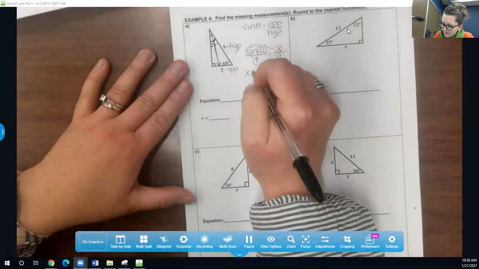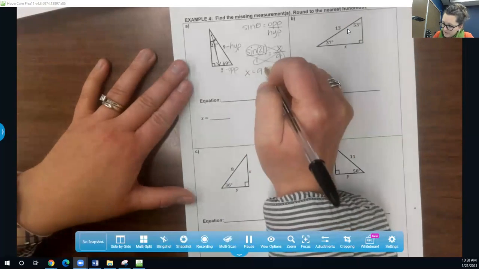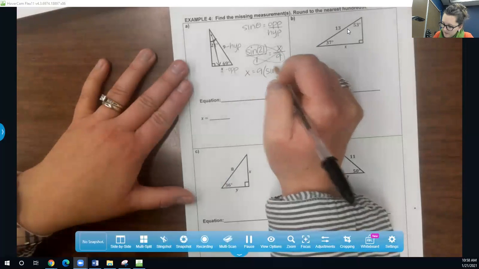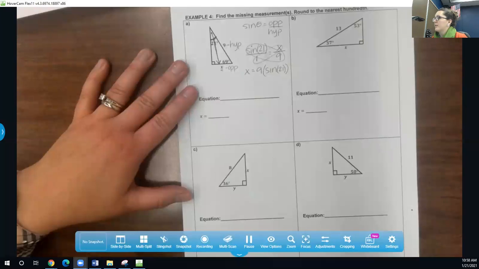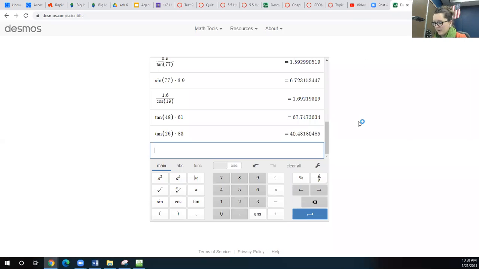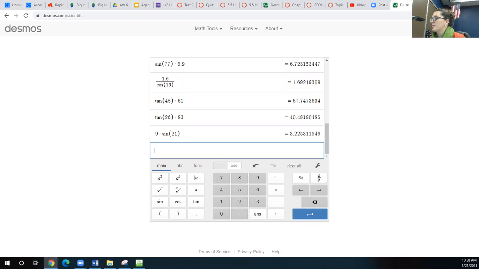So I have x equals 9 times the sine of 21. Let's look at that in the calculator and see what we get. 9 times the sine of 21 is 3.2.